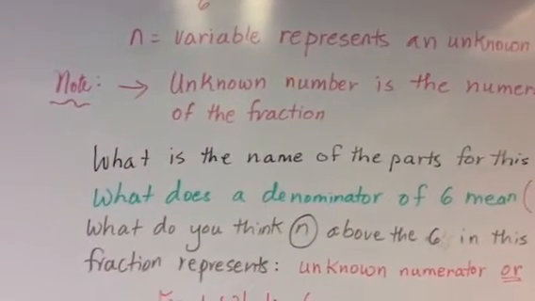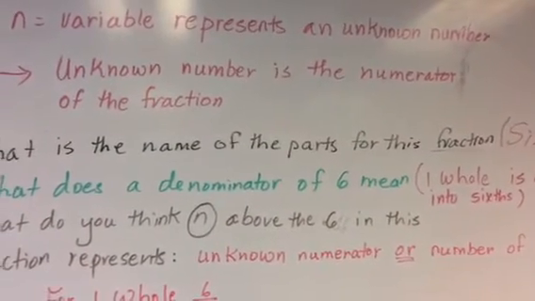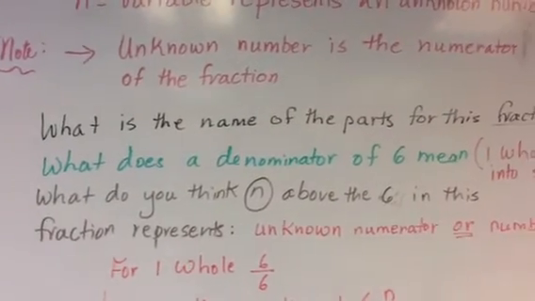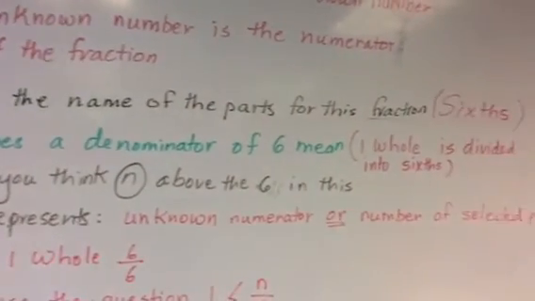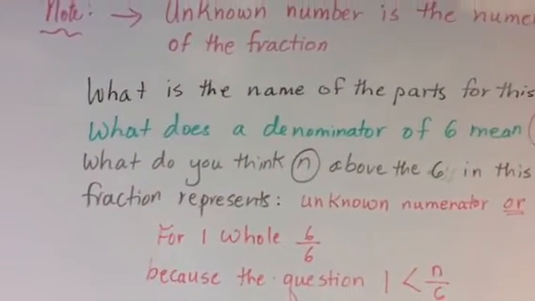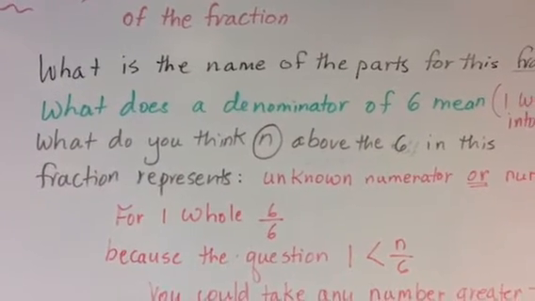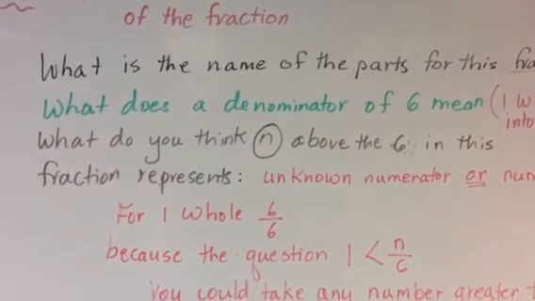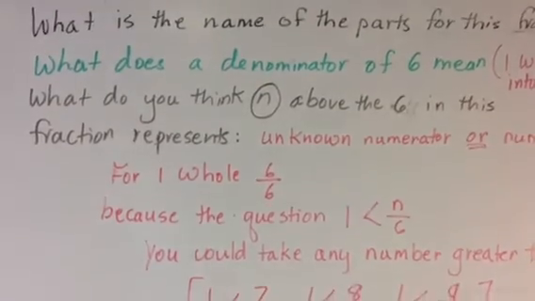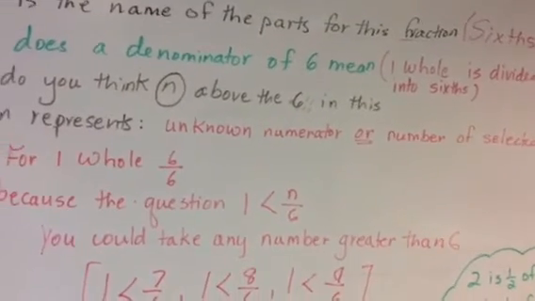So what do you think n above the 6 is in this? The fraction represents an unknown numerator or a number of selected parts. So for one whole, 6/6, because the question is 1 is greater than n/6, or the unknown number greater than 6, you could take any number greater than 6.